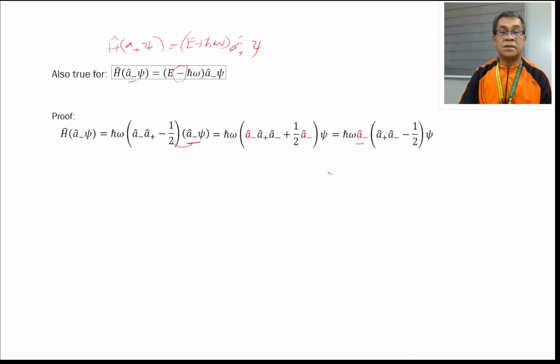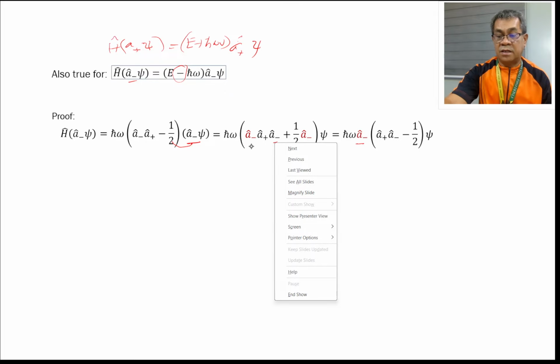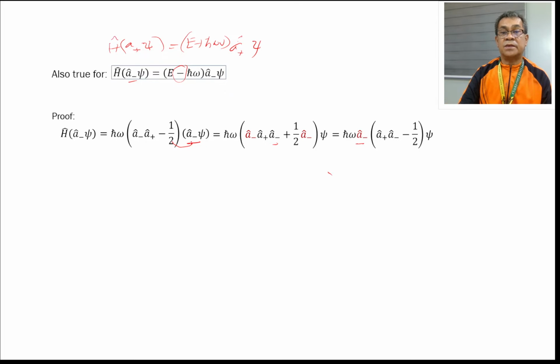By the way, this is the lowering operator from this one and this one also. But take note that this one can be placed outside first, and we let this act first. Minus one half acts on this side. Same process.